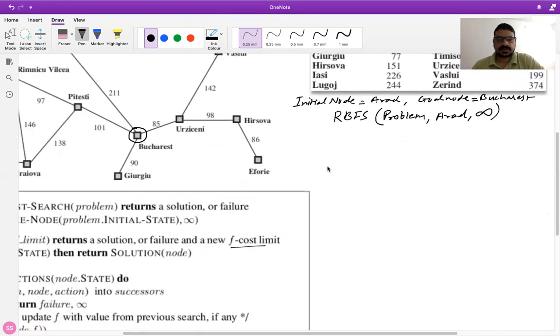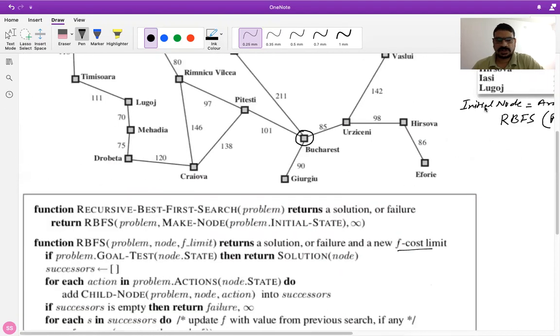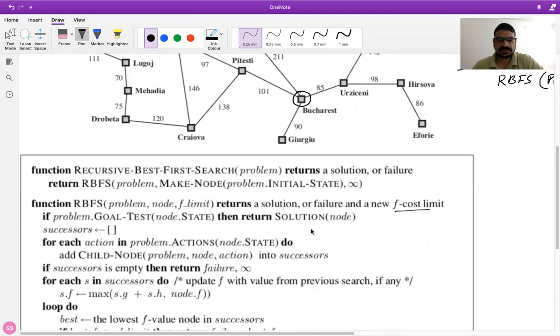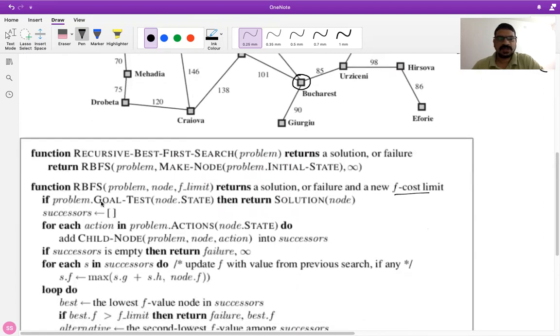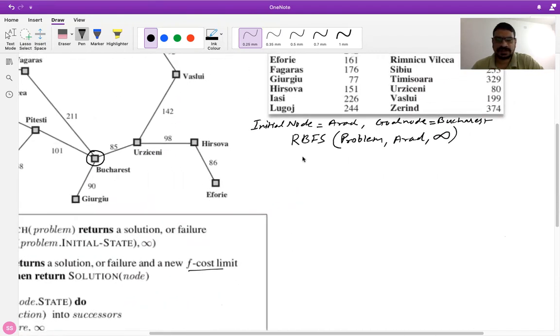So is this Arad the Bucharest? No, it is not. So this condition is not satisfied. Then what we do is we create an array named successor. Successor is one array that we have created.